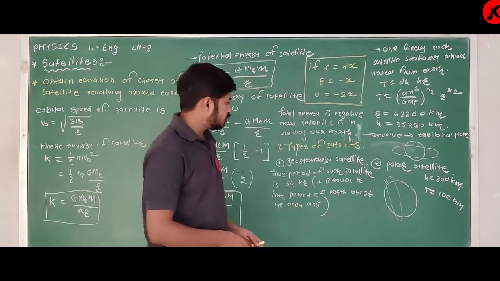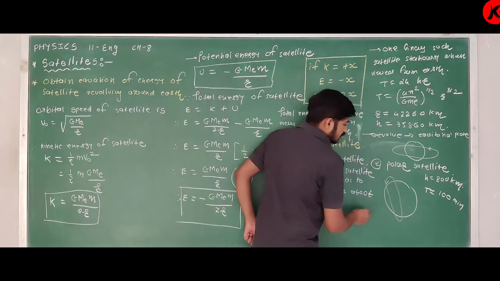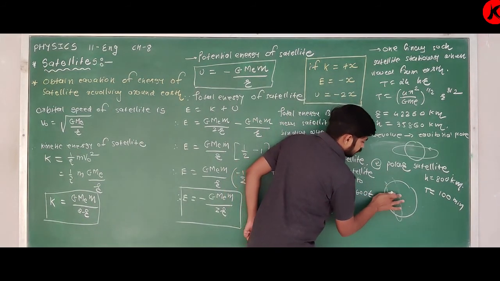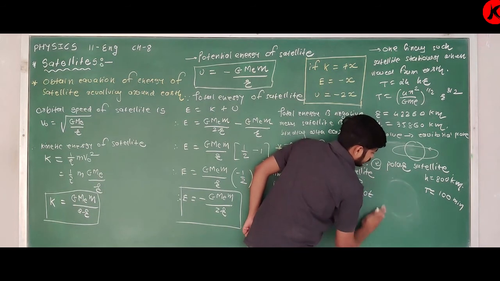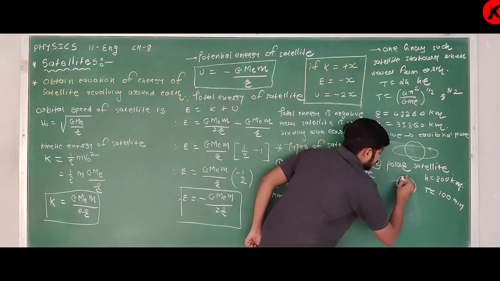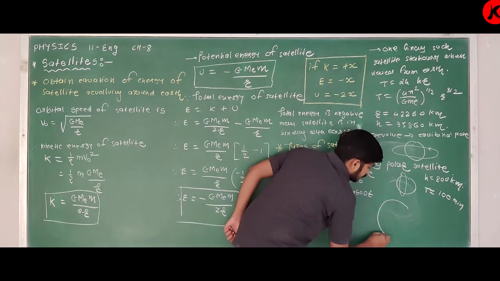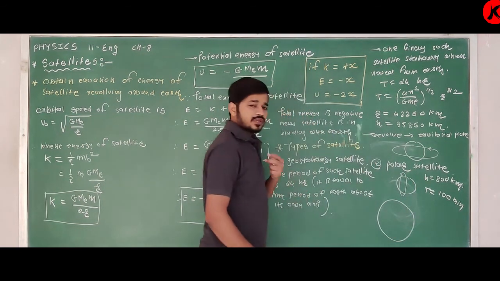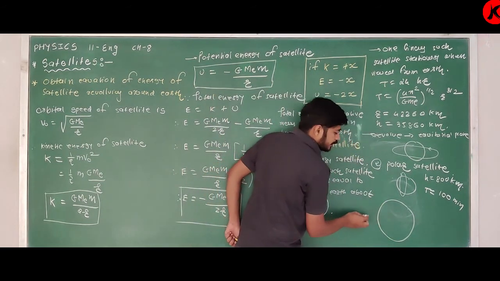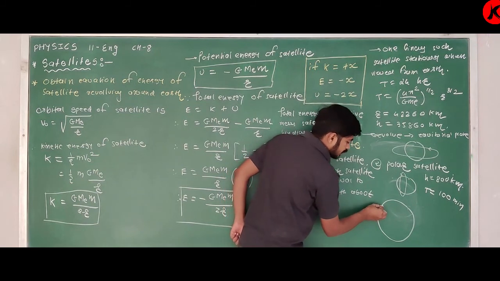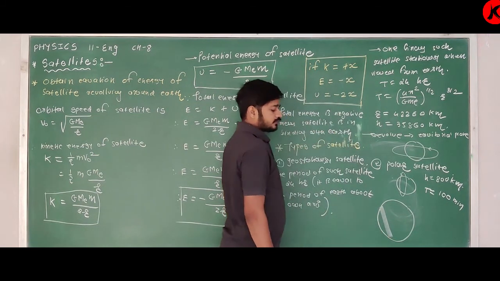For example, suppose this is Earth, rotating in such a direction. During its first rotation, the satellite will cover only such a portion of Earth.